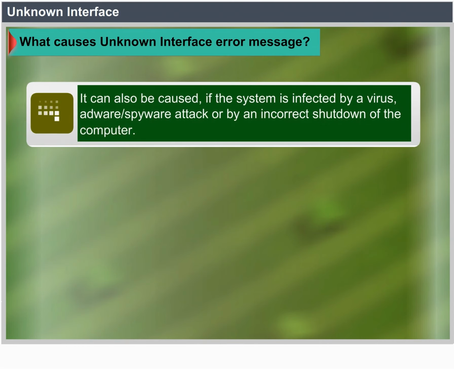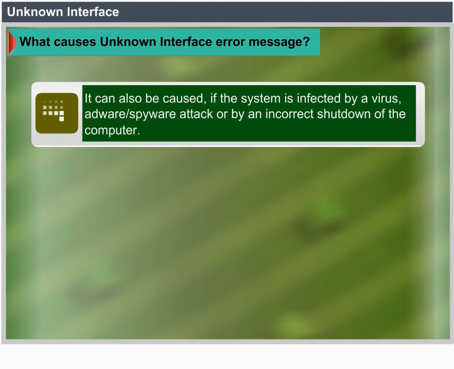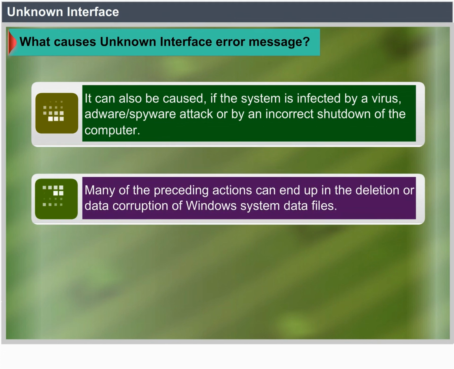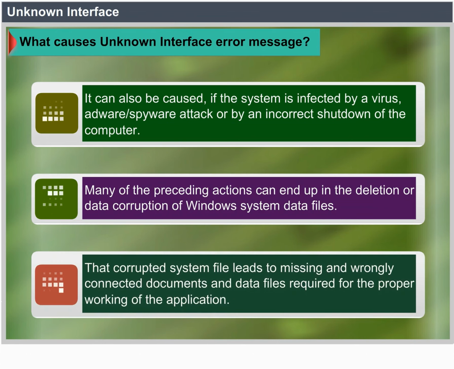It could also be caused if the system is infected by a virus or adware spyware attack or by an incorrect shutdown of the computer. Many of the preceding actions can end up in the deletion or data corruption of Windows system data files. That corrupted system files will lead to missing and wrongly connected documents and data files required for the proper working of the application.